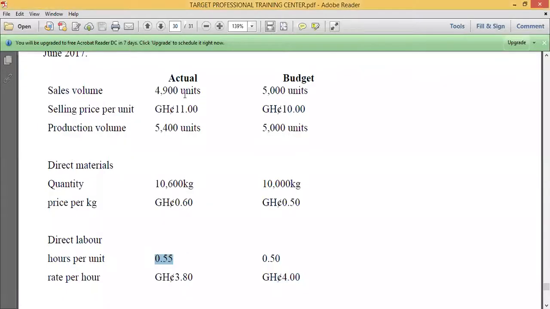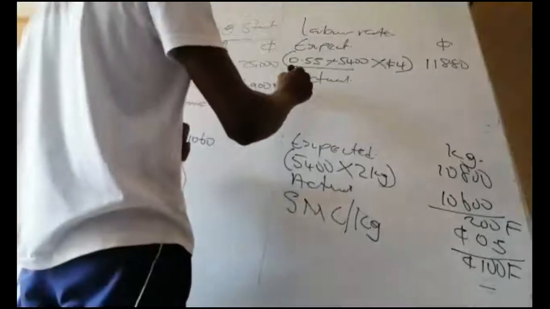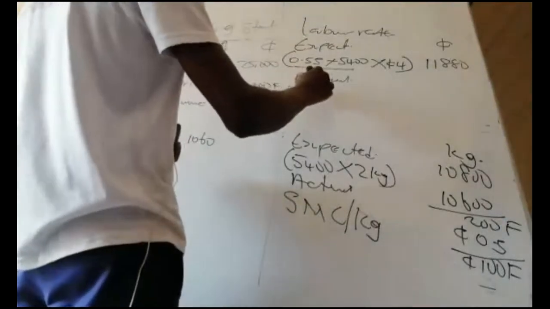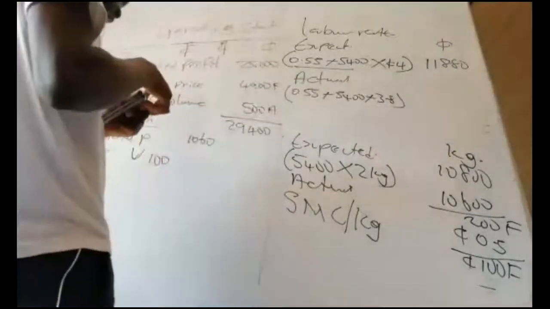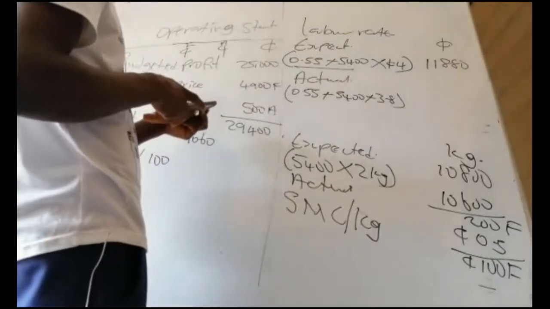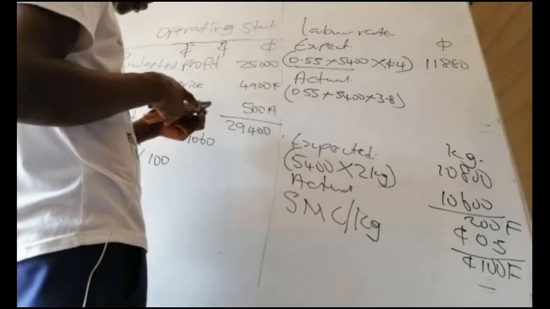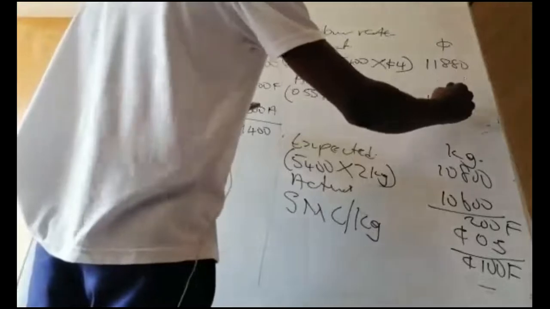Actual will be 0.55 by 5,400 by 3.8, since 3.8 is the actual rate. That gives us 11,286.